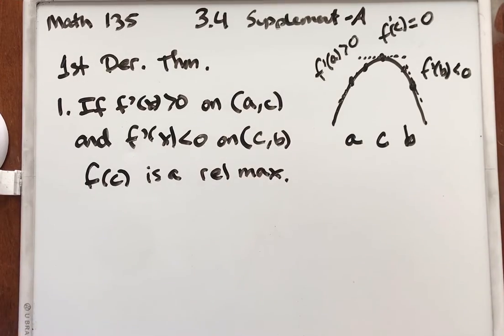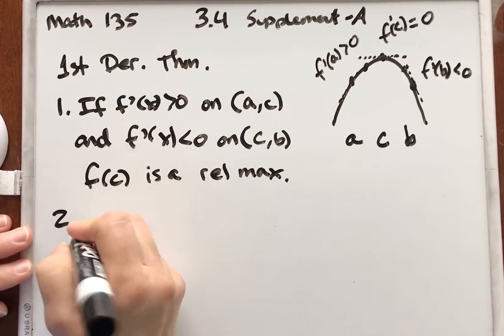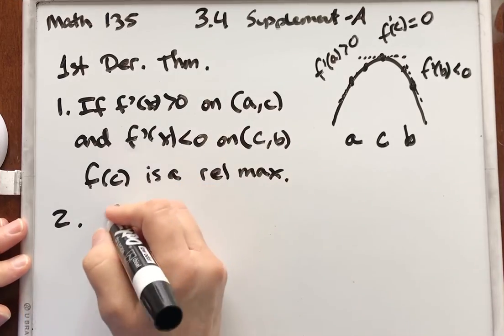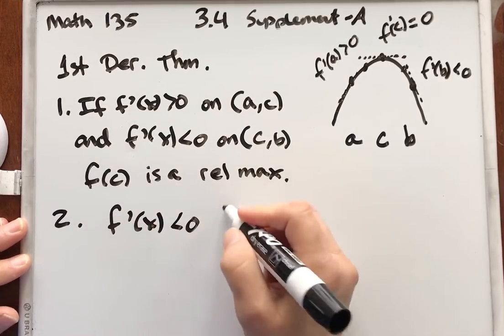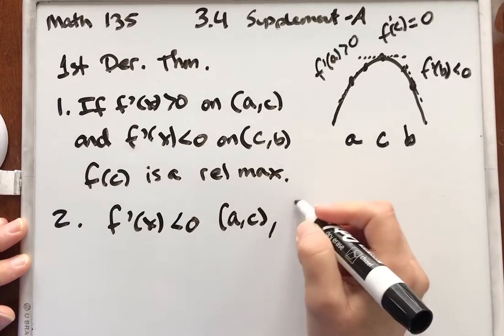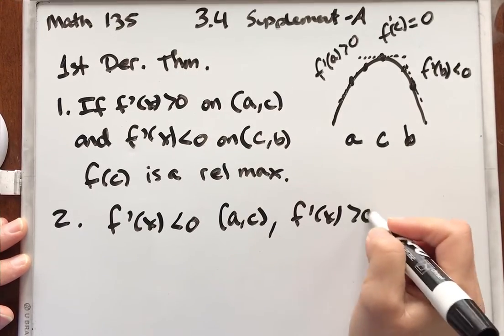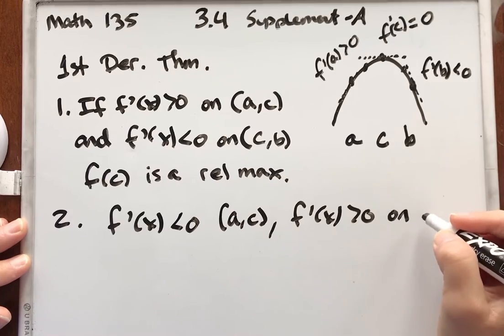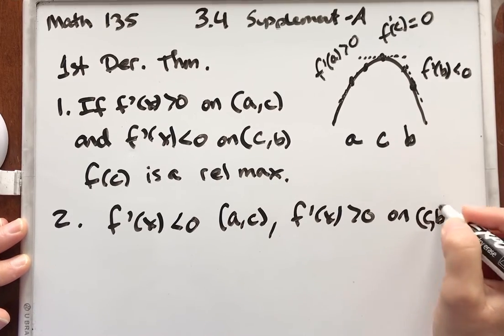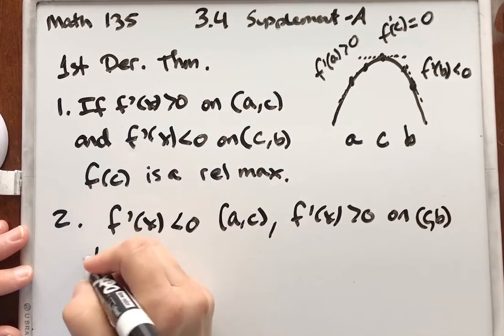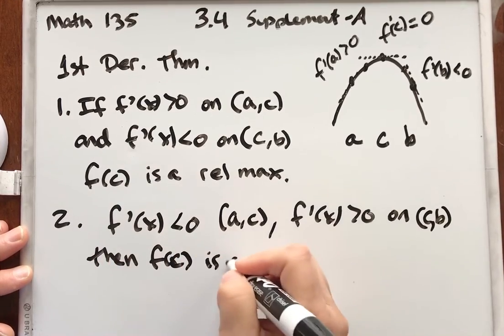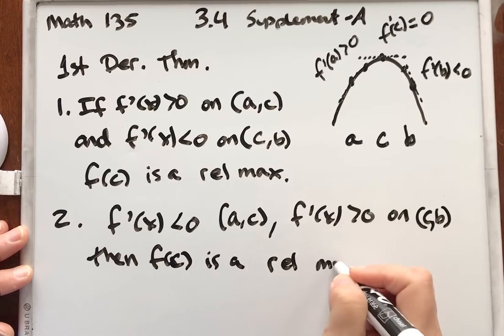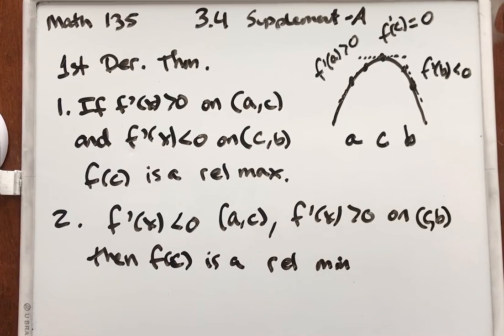Okay, so that was the first derivative theorem. And going the other way, if we have f prime of x less than 0 on AC and f prime of x greater than 0 on CB, this is just a quick version, then f of C is a relative min. Okay, very good. We went over that earlier.